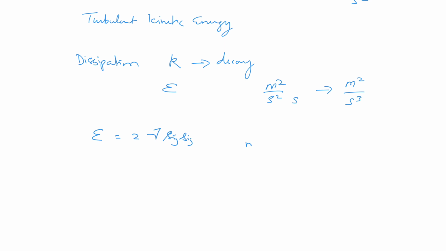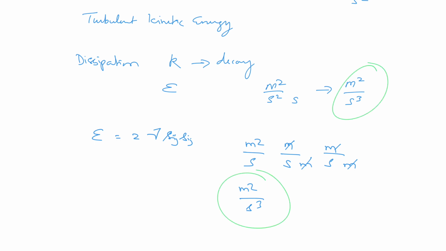So we can find meter square per second for nu, and then we can find s_ij is like dou u by dou x, which is like meter per second, then you have the dou x component, that will be meter, and again dou u by dou x, meter per second, then meter. So you have this meter getting cancelled, and then you get meter square per second cube. So we can find that this is consistent.